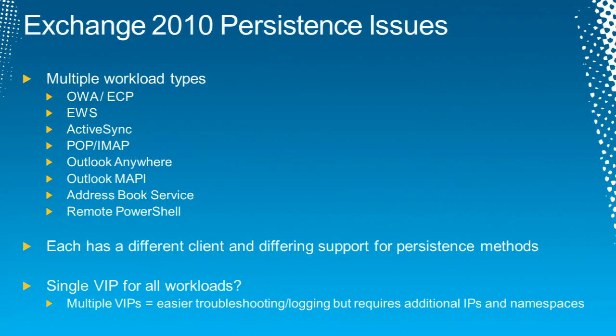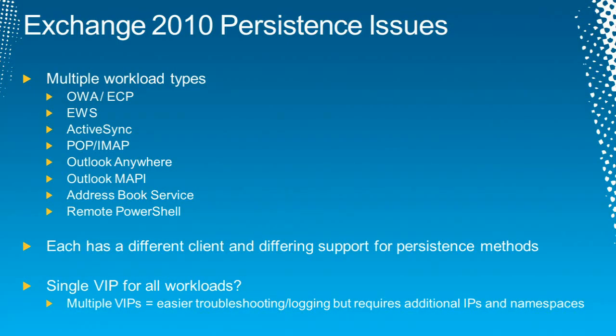The second one is that when we talk about Exchange traffic, we're not just talking about one traffic type, right? We have Outlook Web App and Exchange Control Panel, which are HTTPS-based protocols and browser clients. We have Exchange Web Services, which might be a specific application or something like Lync talking to us. We have ActiveSync. We may have POP or IMAP, Outlook Anywhere, Outlook MAPI, Address Book Server, Remote PowerShell.